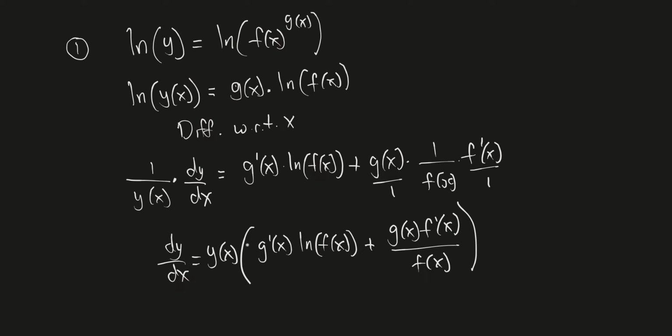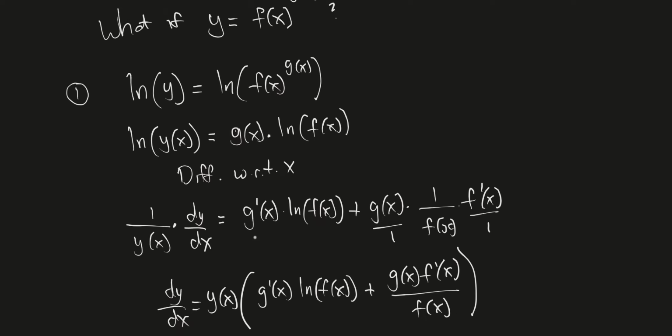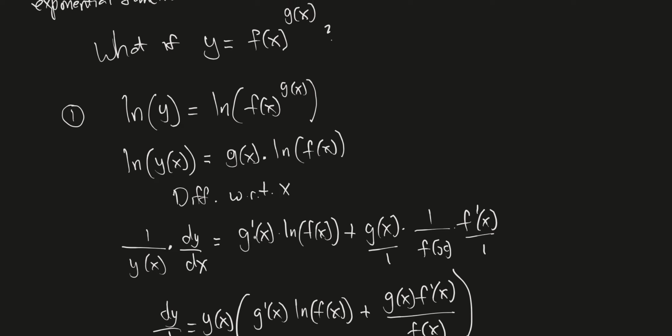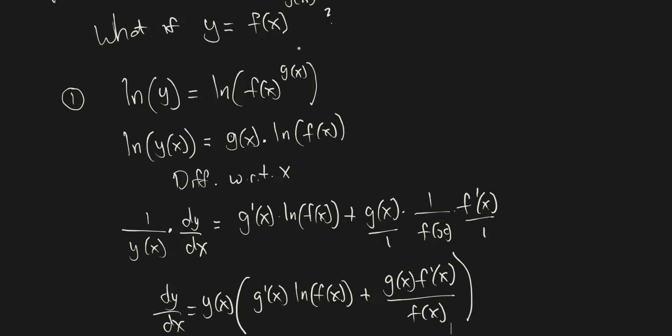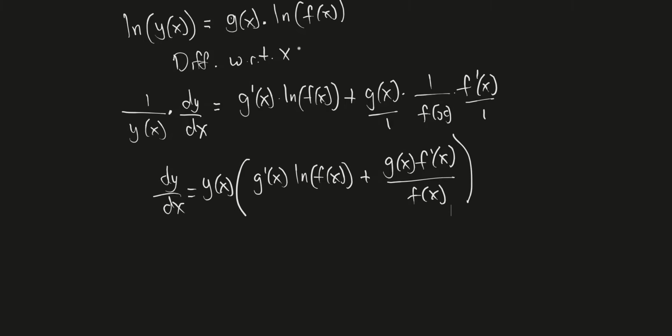But we're not quite done yet, because remember, let me remind you, the original function y is equal to f of x to the g of x. So what I can do is replace y with f of x to the g of x. And then I can get my, essentially, again, this is a formula, but it's not the type of formula that I would say just memorize.